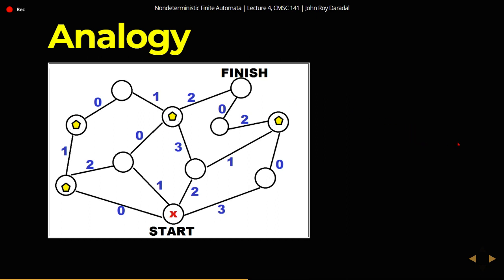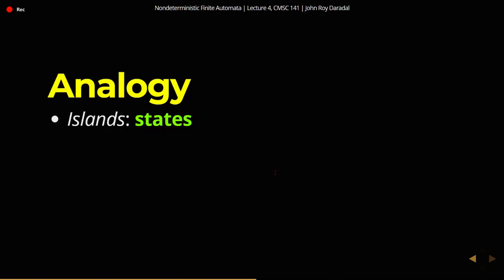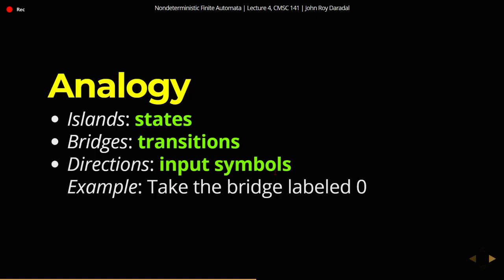So the analogy here is something like this. You can think of this map. The states here are islands, and the lines that connect them are bridges. So the islands are states, the bridges are the transitions, and the directions are the input symbols.